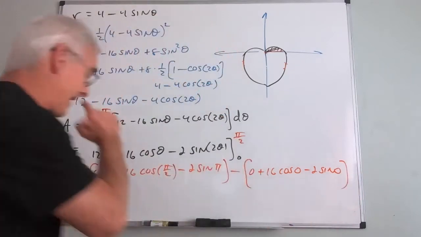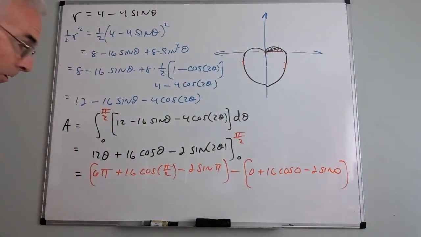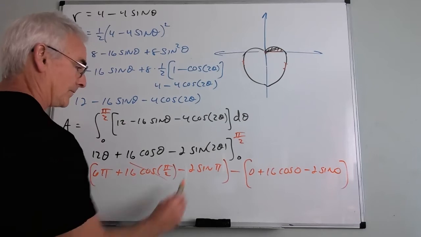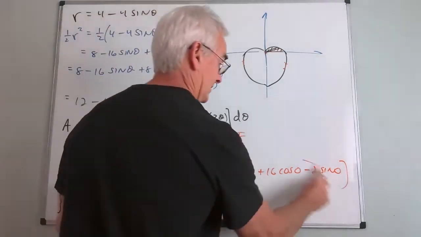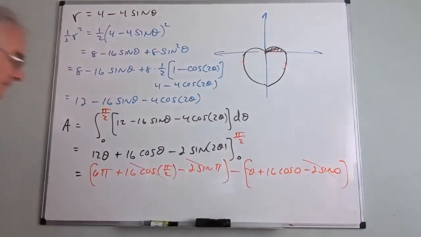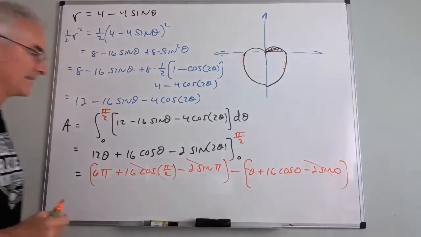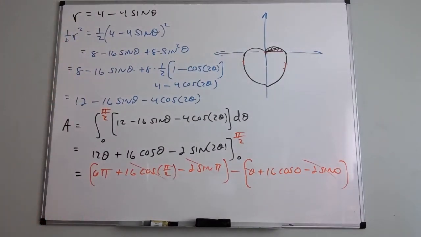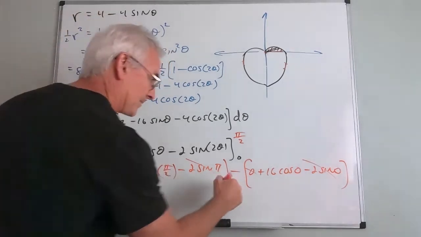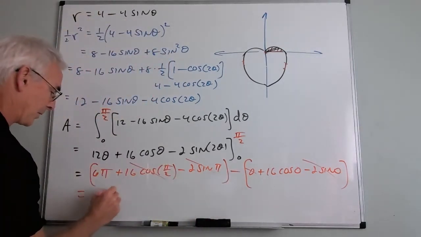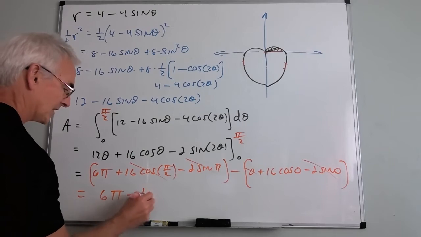So before you automatically start calling everything 0, there are a lot of zeros. That's 0, that's 0, that's a 0, that's a 0, that's not 0. Ooh, what is this? Anybody? What is that? 16. That's 16. And that was a minus. That means this answer is 6 pi minus 16.